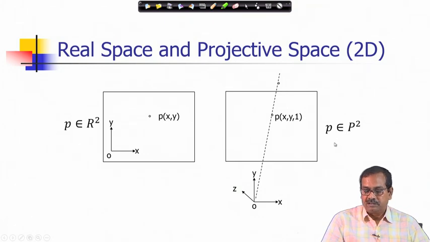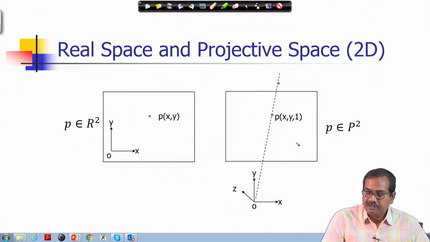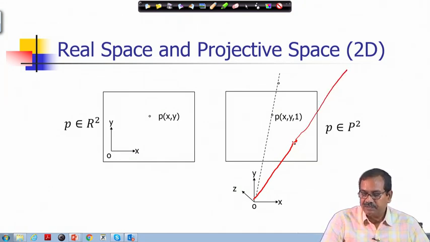Note that if I take any other point in this space, and draw a line passing through the origin and extending this ray, the whole line is represented by the point in this plane.